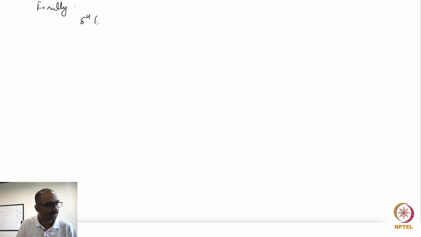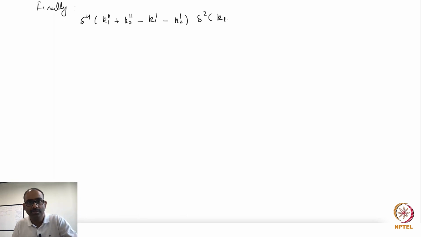delta 4 times this delta 2, which came from the B perp integral, K1 prime perp minus k1 double prime perp.